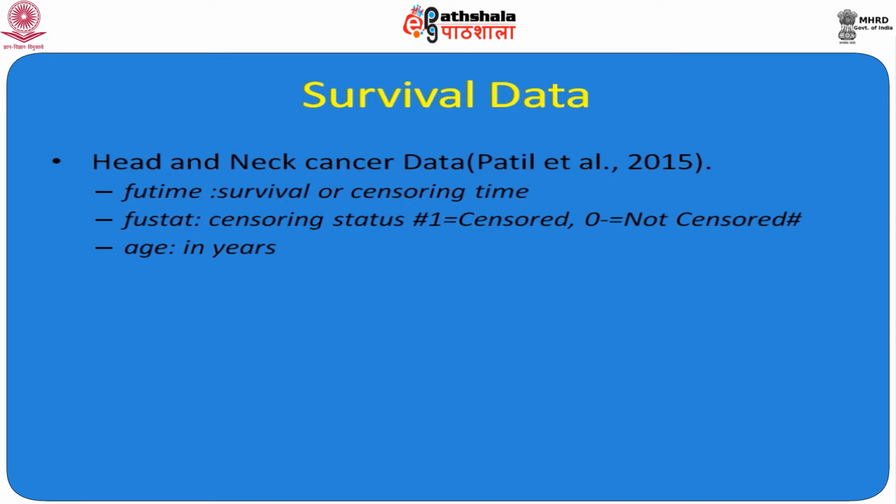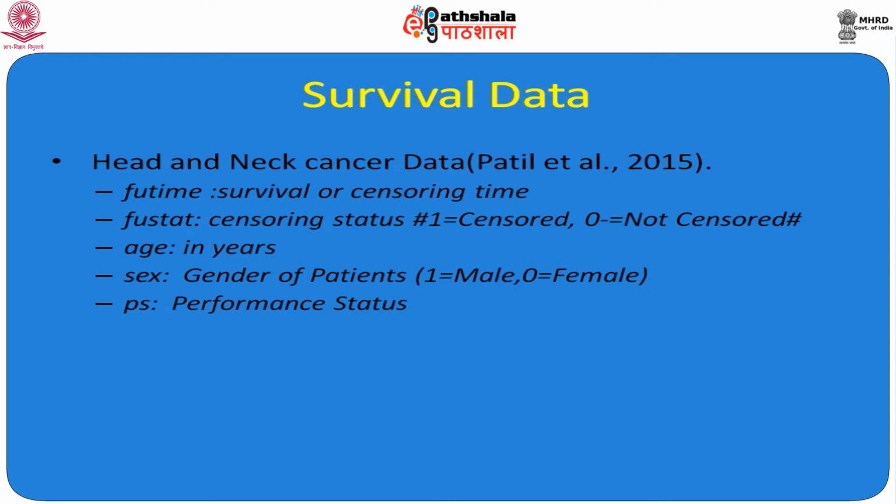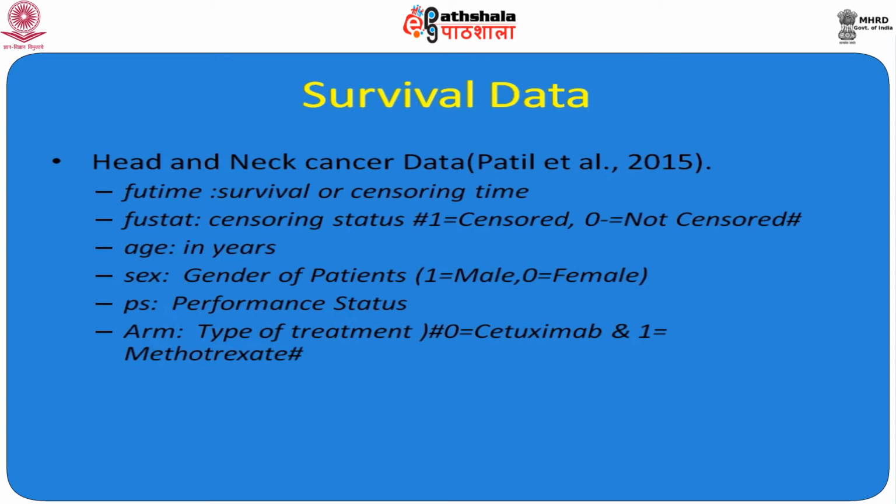Age of the patient is considered here. Gender of the patient is coded 1 for male and 0 for female. Performance status is considered as PS, and the type of treatment given is coded 0 for cetuximab and 1 for the methotrexate arm.